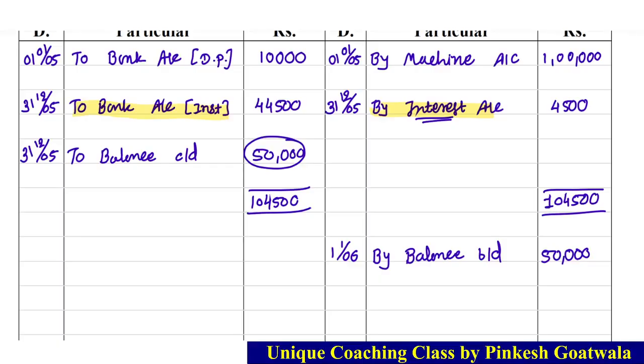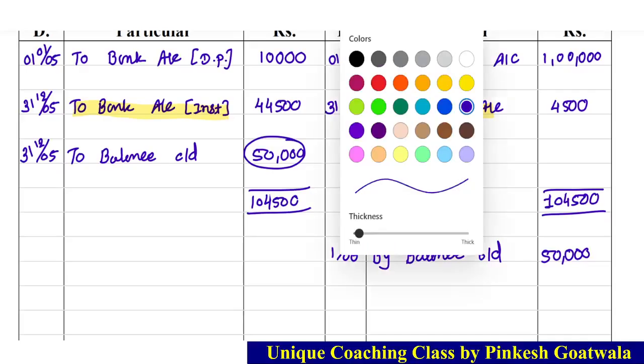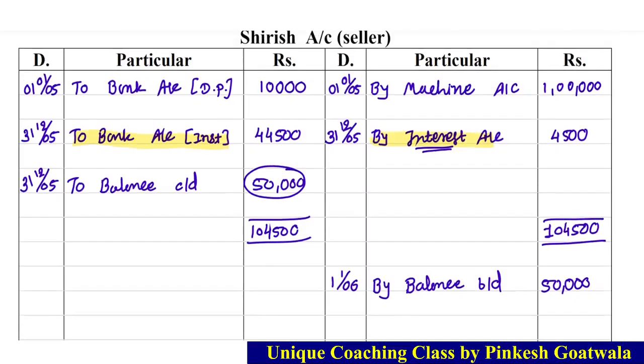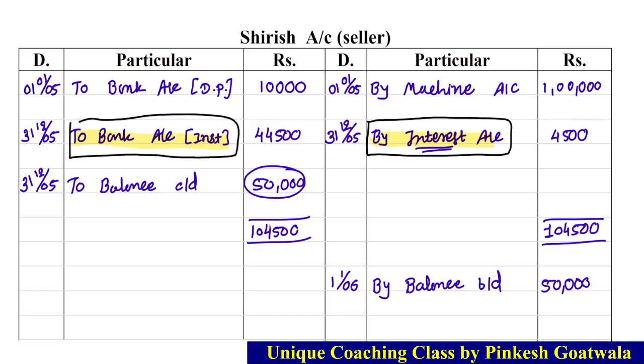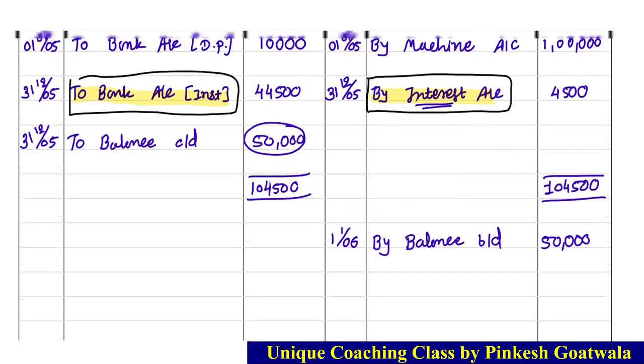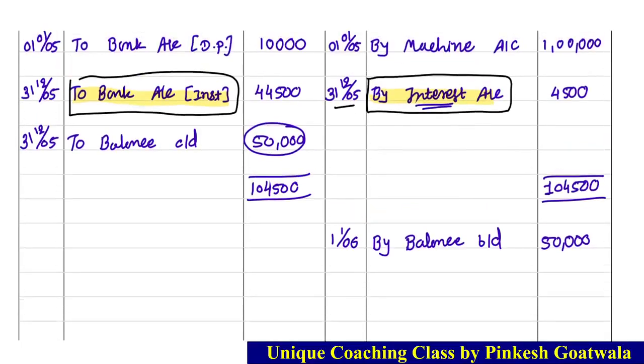So it is the shortcut way. You have to just focus on the interest account and the bank account, just this. So how to give the effect? Let's see. Next year we will copy the two. The next year date is 31st December 5.